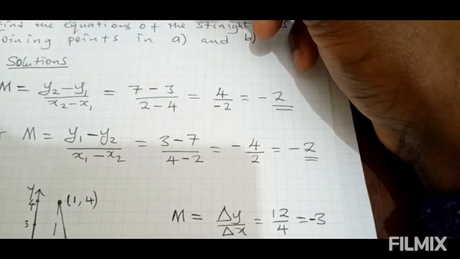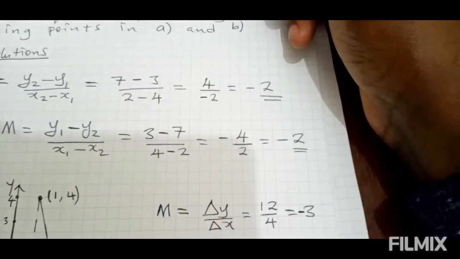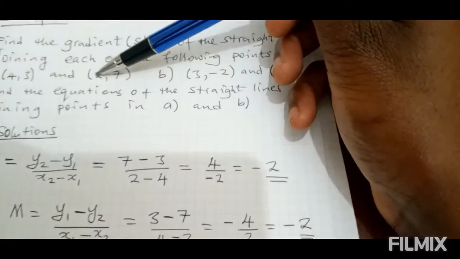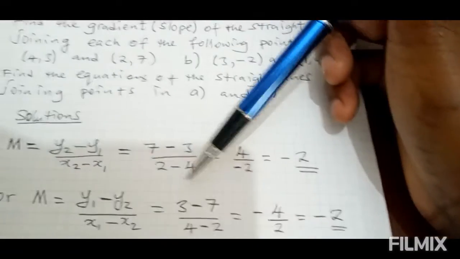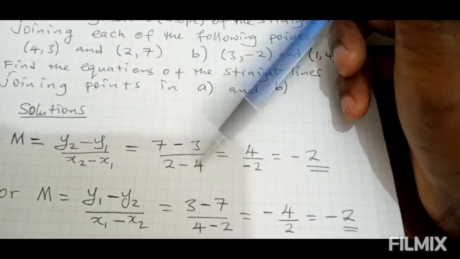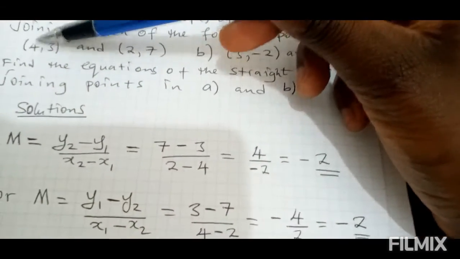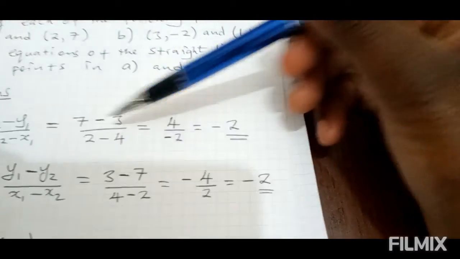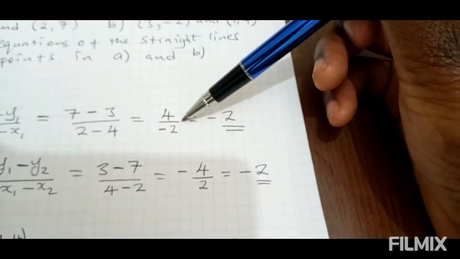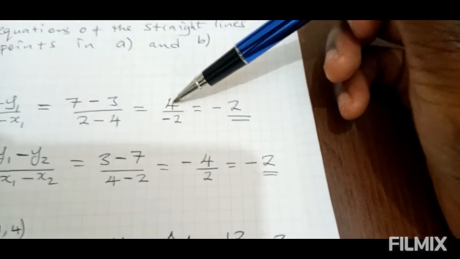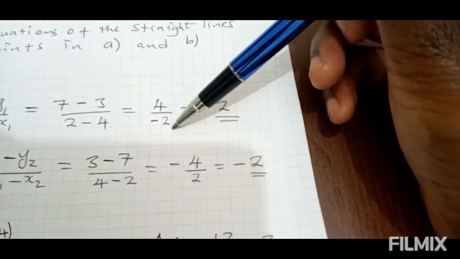Divide by x2 as 2 here minus 4 as x1 here. These are x coordinates, and these are y coordinates. So 7 minus 3 is 4. 2 minus 4 is -2.